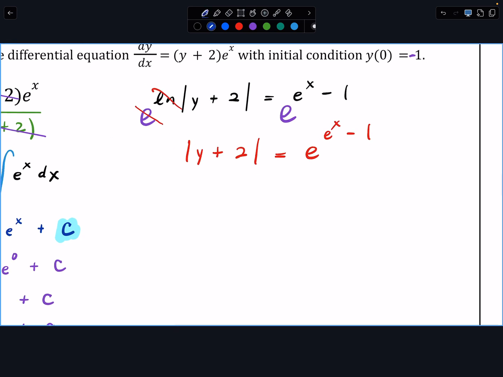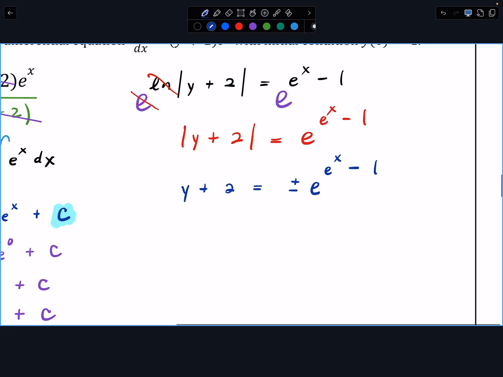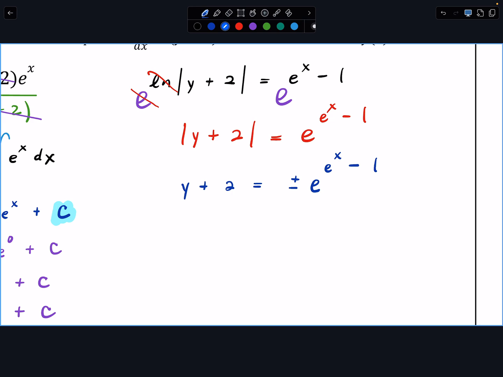So that means y plus 2 is equal to plus or minus e raised to the e to the x minus 1 power. Subtract 2. So y is equal to plus or minus e raised to the e to the x minus 1 minus 2. Okay, so again, we run into that situation. Which one is it, plus or minus?